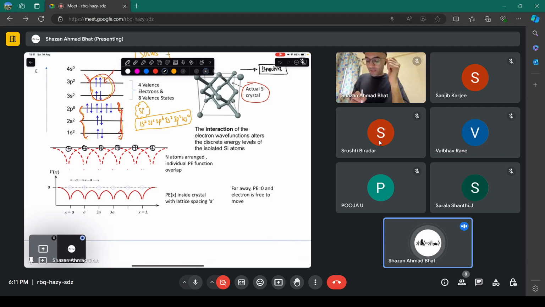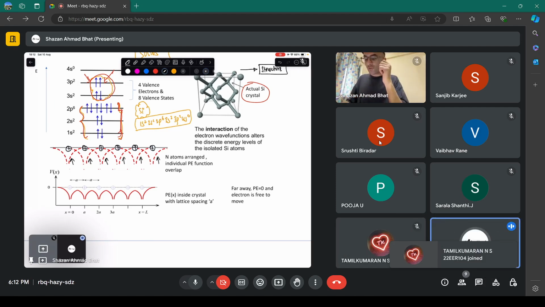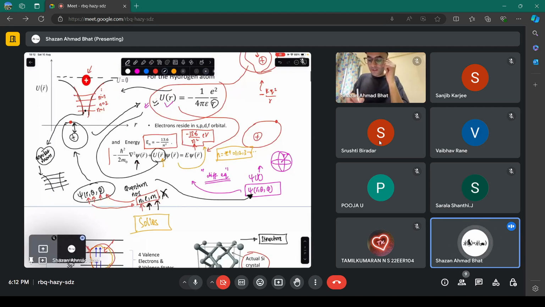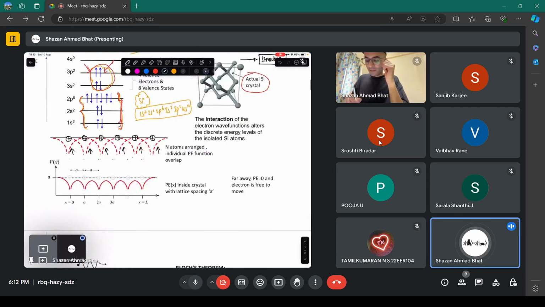And a similar picture, these are the potentials formed by those atoms by the same electrostatic attraction and electrostatic repulsion. This is the electrostatic potential formed by the electrons in the vicinity of this nucleus. This is the same picture for multiple atoms.